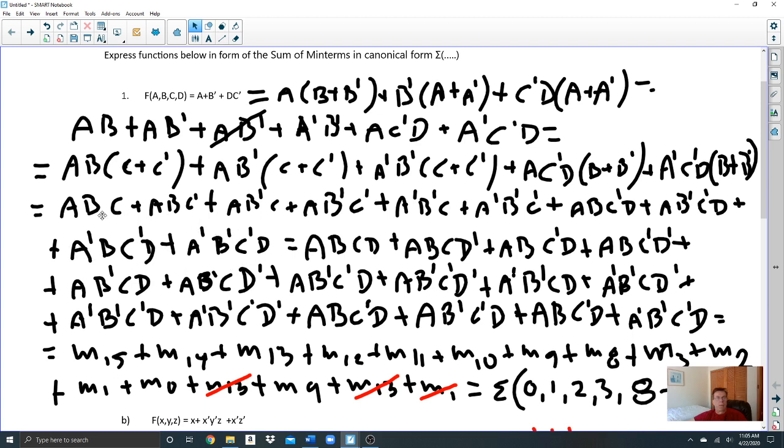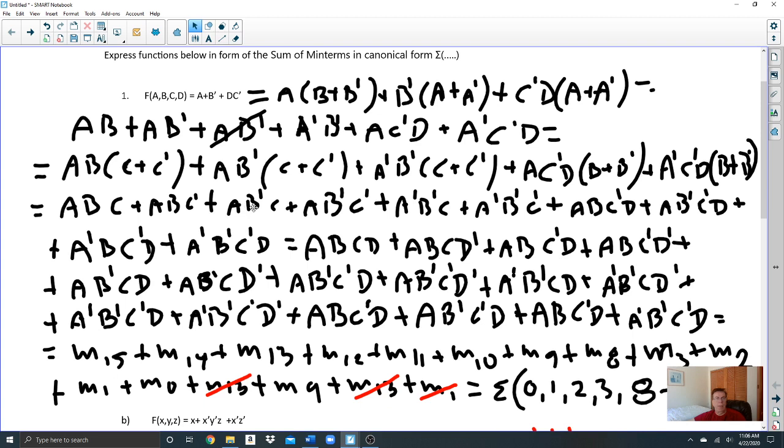Now right here, ABC, we're expanding this ABC with the term D. Instead of putting ABC in parentheses with D plus D prime, I already expanded it: ABC D plus ABC D prime. I did the same with the term ABC prime D plus D prime.